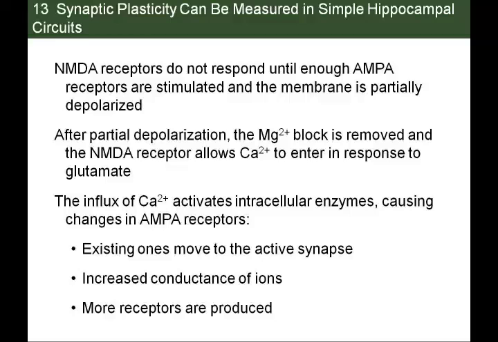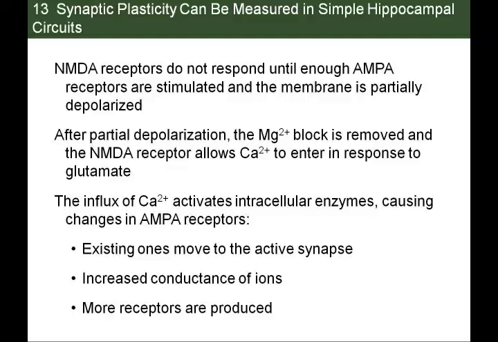But I'll tell you why this magnesium block is very important. Why is activation of the NMDA receptor so important? Because only when the NMDA receptor is activated and magnesium is ejected, not only does the sodium come in, which is what we expect of depolarization, but another molecule comes in that makes lasting changes that are extremely crucial for what we call memory, and that is calcium.